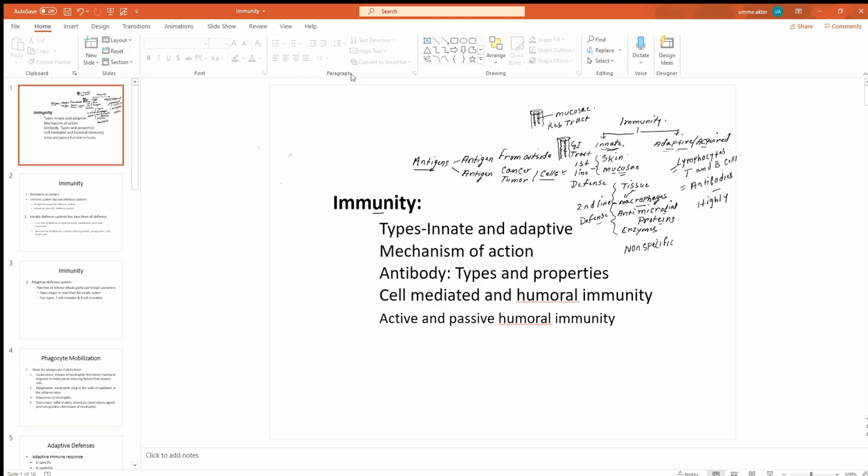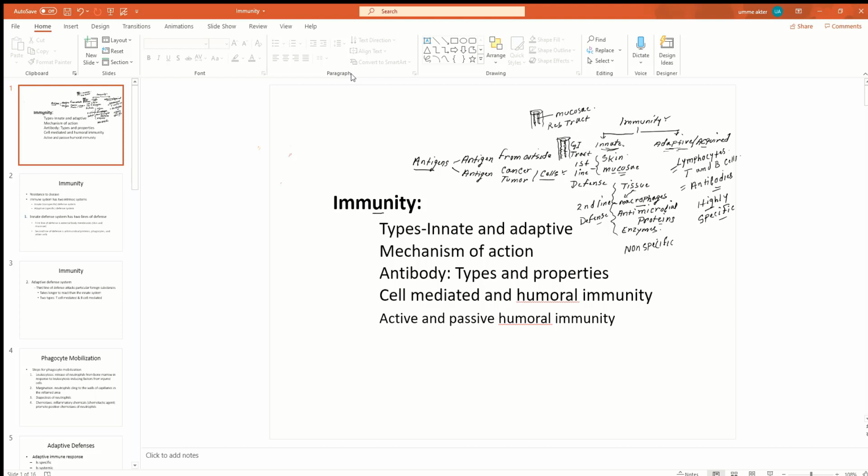If you get swine flu, your body will produce specific type of lymphocytes and antibodies to destroy that particular type of antigen. Other person's body won't have that. So that is highly specific against specific antigens. Highly specific, okay, because it is developed to fight against that particular antigen. Okay, so that is how first we divide the immunity, two types.